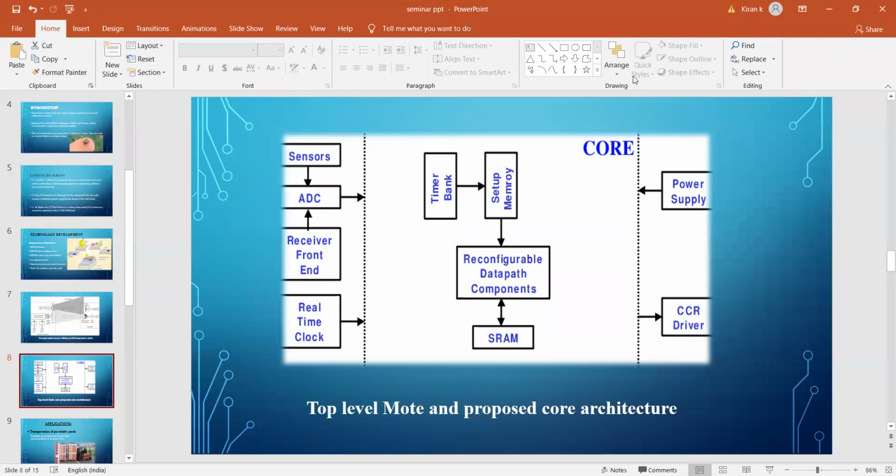In this figure, we can see the core architecture of Smart Dust. Looking through the functional specification of the core, we realize that each operation is regulated by a timed event. Hence, a bank of timers forms the basis of the architecture. For minimum energy usage, a direct mapping of a particular function into hardware is generally best, but from the list of specifications it was clear that a certain amount of reconfigurability could be necessary.